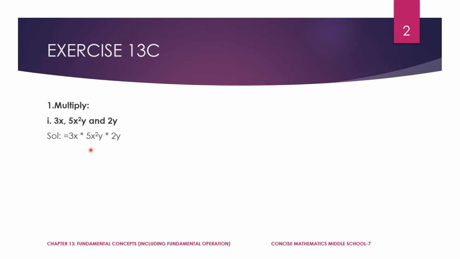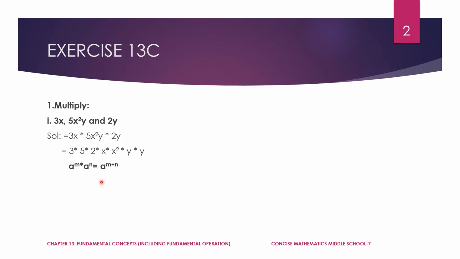For clear understanding, I am writing all the numerical coefficients at 1. 3 into 5 into 2 into x square. All the x terms together and y terms together. Y into y. Now you just need to remember a formula. a to the power of m into a to the power of n is equal to a to the power of m plus n.